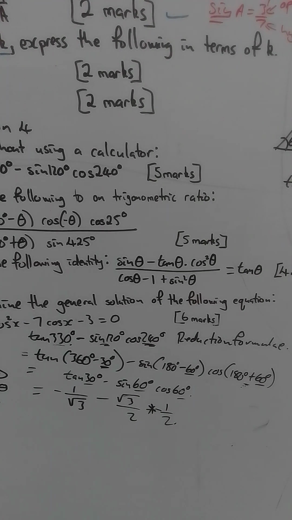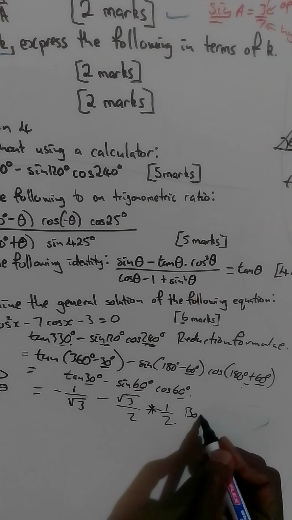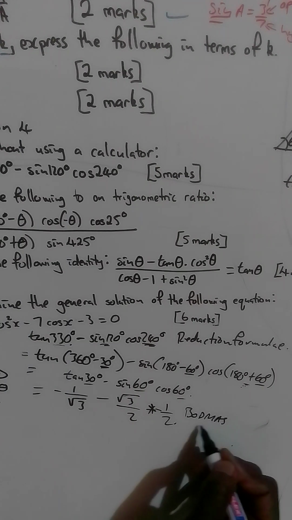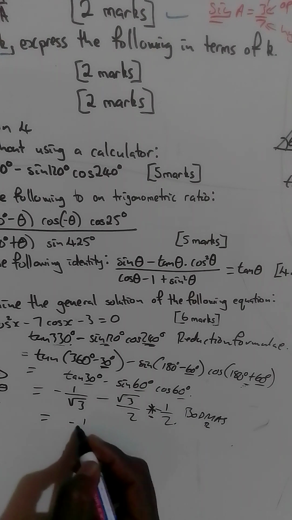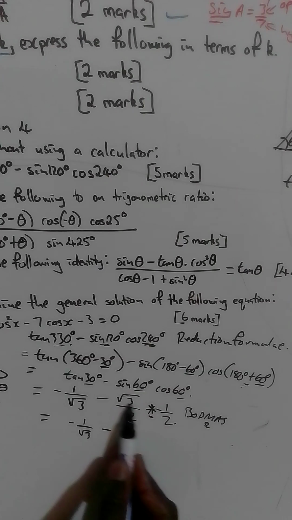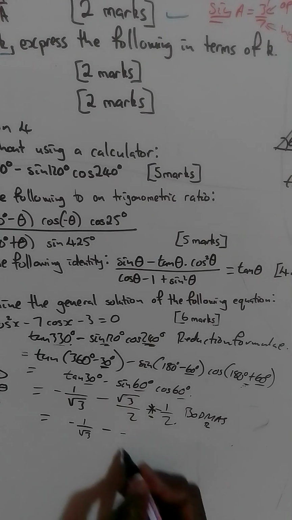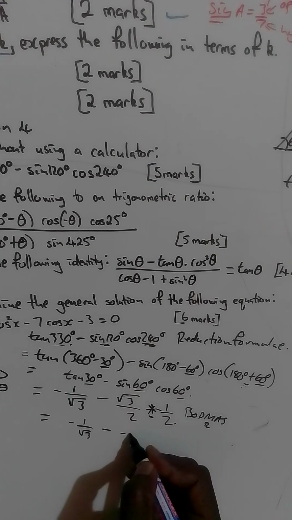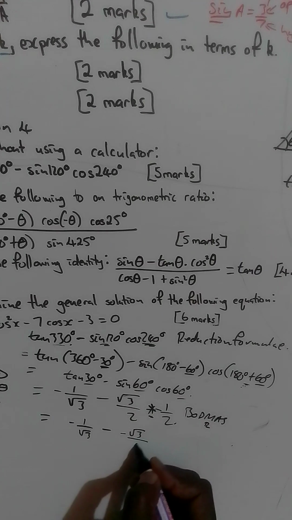So now what do I do moving forward? I'm now using the BODMAS rule. Why? There is multiplication. So I rewrite negative 1 over square root of 3 minus, now I say positive multiplied by this negative, it gives me a negative. So I put a negative, square root of 3 multiplied by 1, it's square root of 3. And 2 multiplied by 2, it gives me 4.